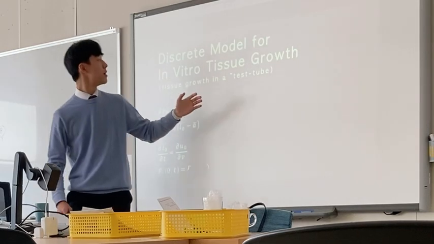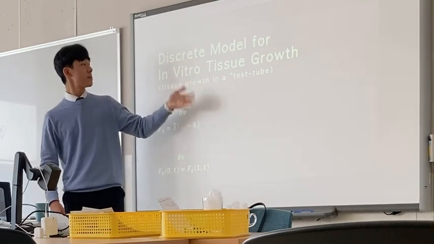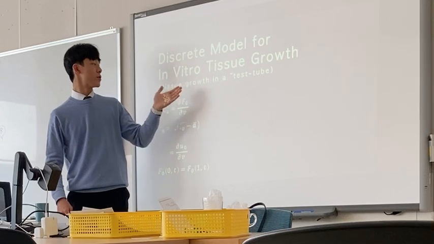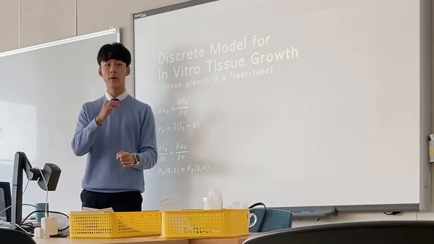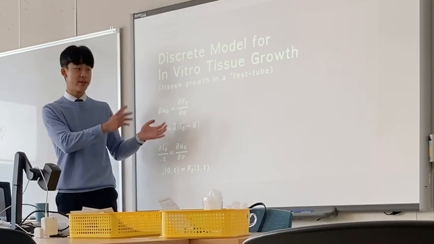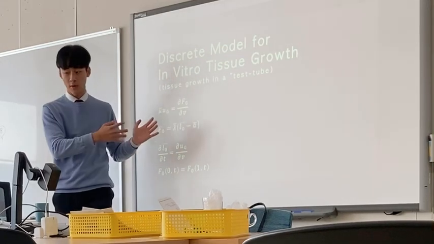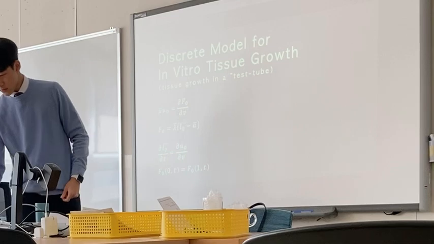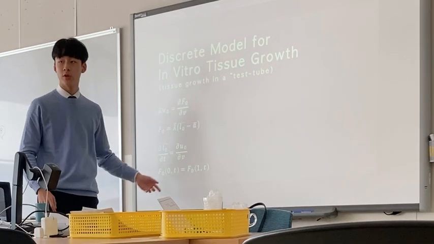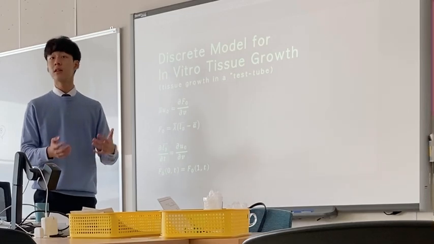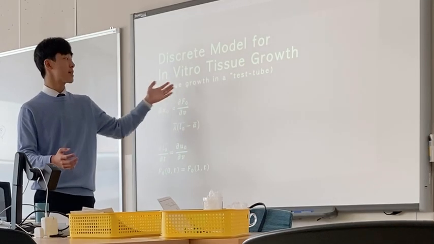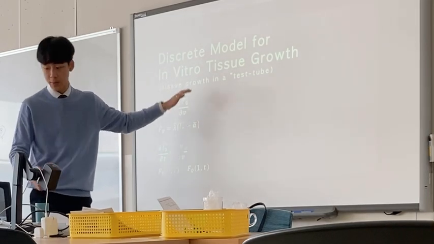On the other hand, in here, the system in this model is in vitro, which is basically tissue growth inside a test tube. So the tissues inside the test tube are the entities in this scenario right here. And we use a set of differential equations in multivariate calculus, which is also a mathematical concept, to describe what is actually happening inside this system here.